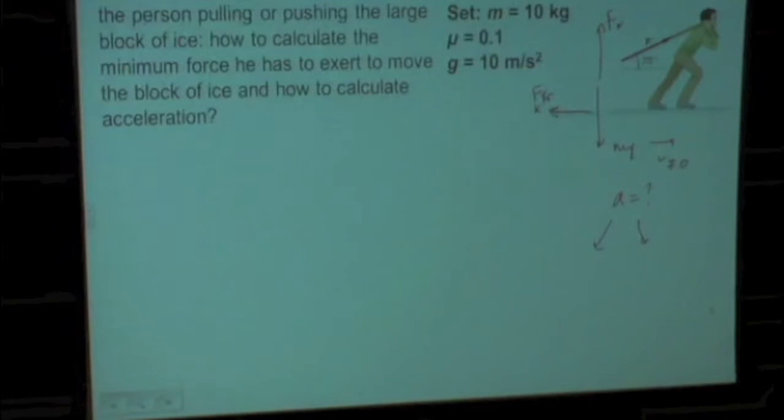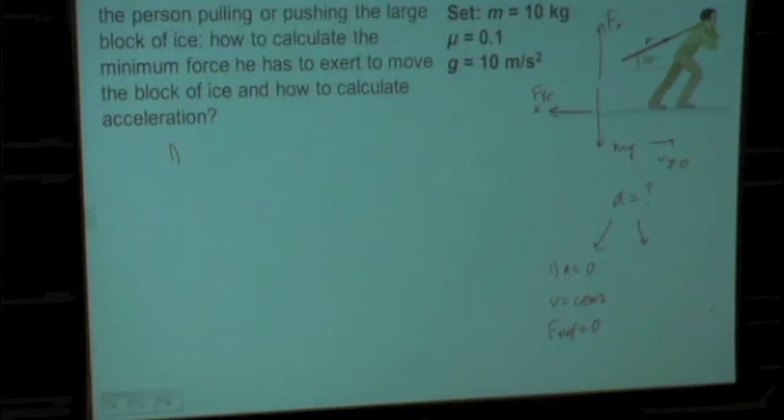The acceleration can be equal to zero, case A, which means the velocity is constant, which means net force equals zero. This happens only when the applied force has a specific magnitude, no more, no less, a certain value.